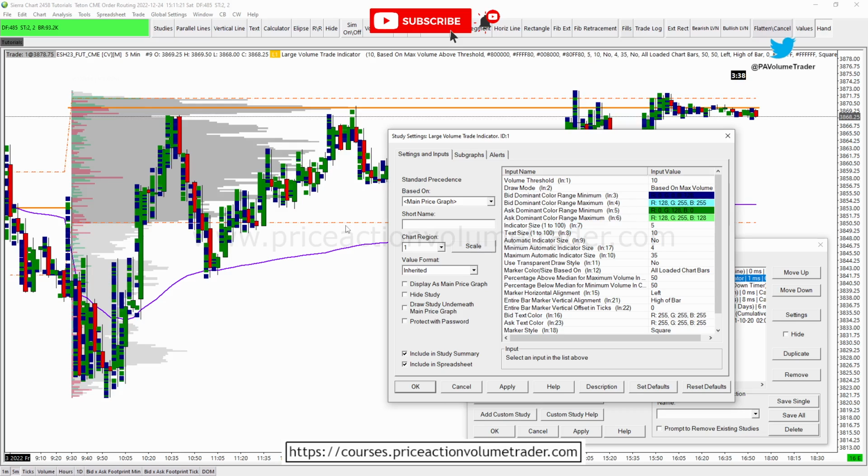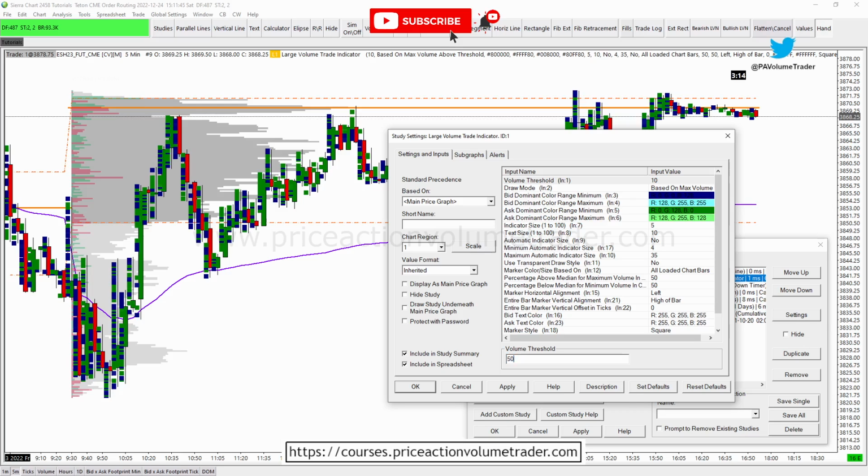I have this indicator, and if I'm trading, for example, at night during the Globex extended hours, I'll use a lower volume number, because obviously there's a lot less volume traded during those overnight hours. But if you're in regular hours, it's going to be larger.